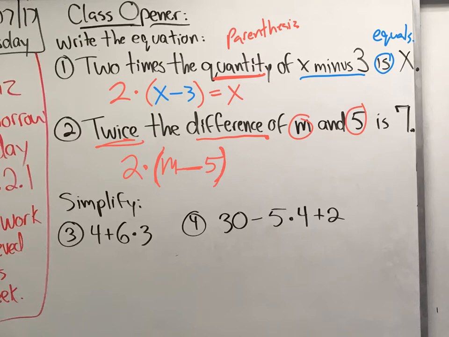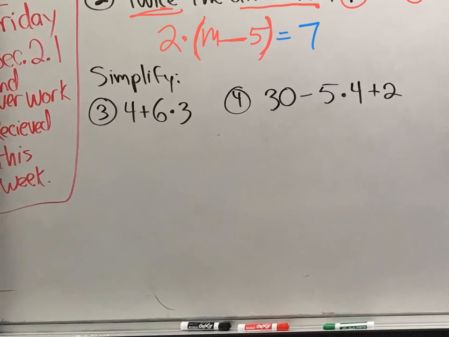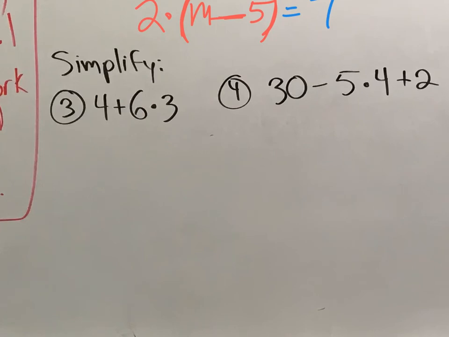Because if you didn't put parentheses, it would say 2 times m decreased by 5. And it says twice the difference of m and 5. Then it says is, which implies equal, and 7, and that's it. So that should also help you for tomorrow's quiz. Again, PEMDAS is this next section.